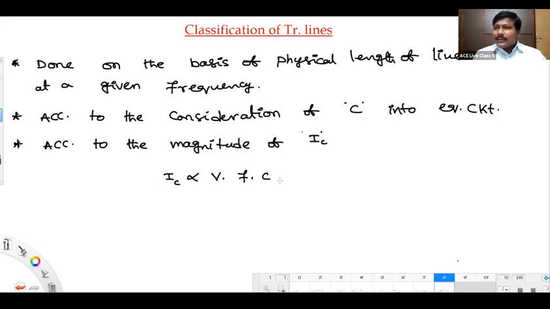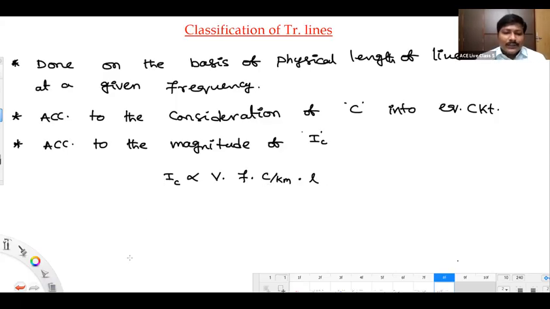Or better to say, capacitance per kilometer multiplied by the length. So V into F into C per kilometer multiplied by the length.